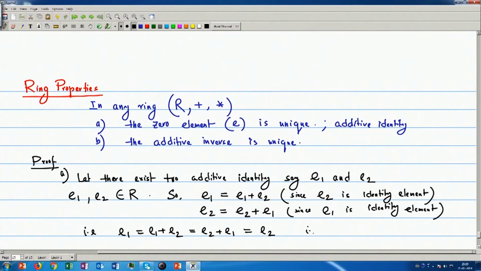That is, e1 equal to e2. So, for the a part we see the additive identity is unique.